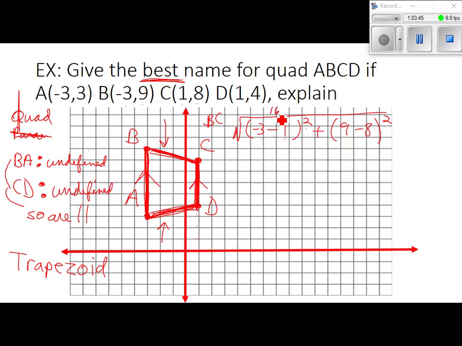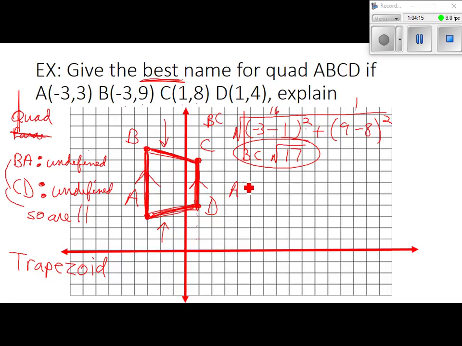Over here, 9 minus 8 is 1. 1 squared is 1. 16 plus 1 is 17. 17 is not going to come out even when we try to take the square root of it, so I'm just going to leave it that way. The length of segment BC is the square root of 17. All we really care about is whether AD is the same length as that one.